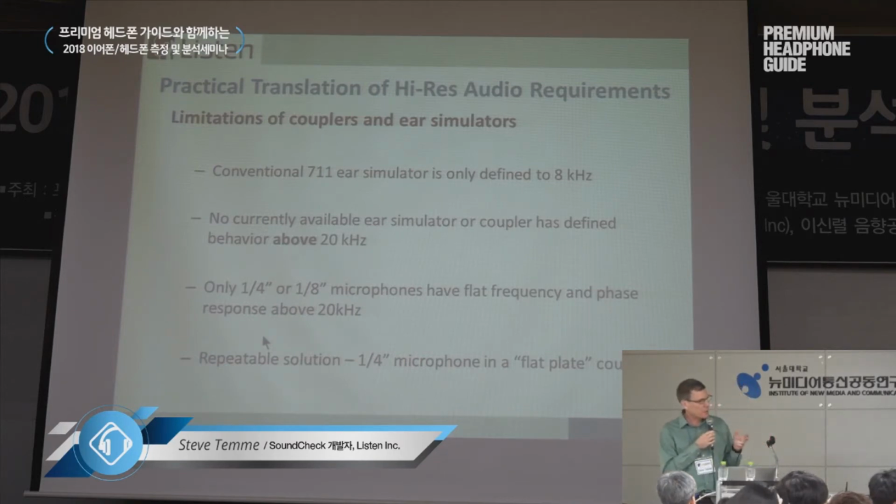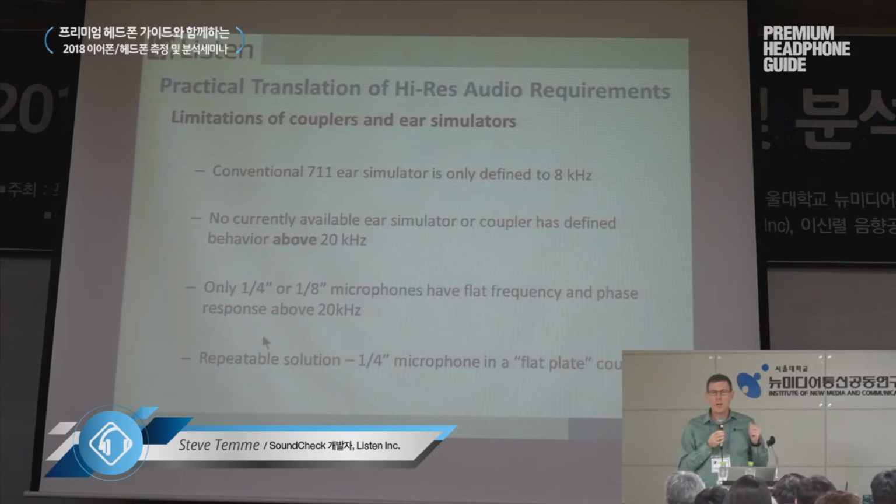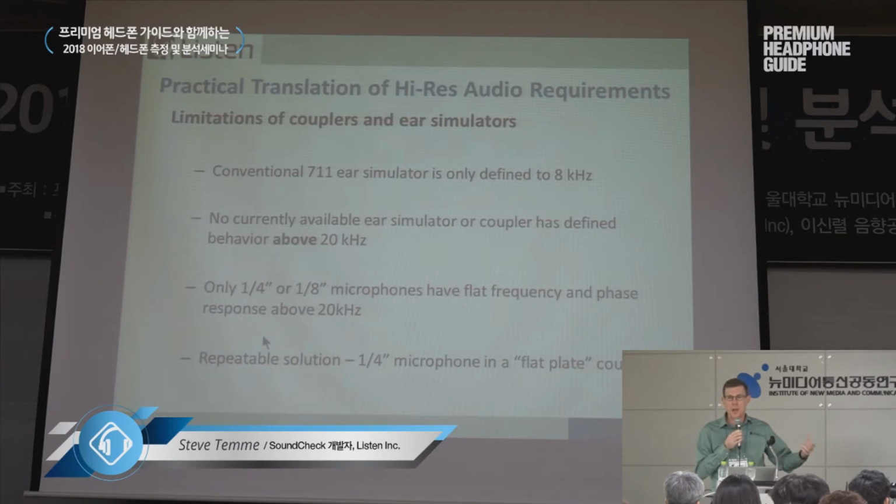But if I'm going to measure a circumaural over-the-ear headphone that's low impedance, and that's the key, low impedance, like typically open-backed headphones, you will not have the impedance issue that you would have with a typical earbud and a coupler. So I can just do away with the coupler and just measure the headphone directly. But the key thing is circumaural, low impedance.